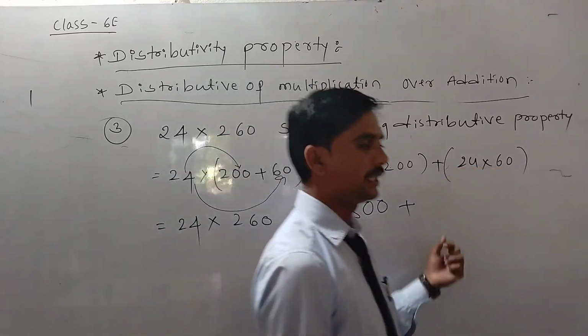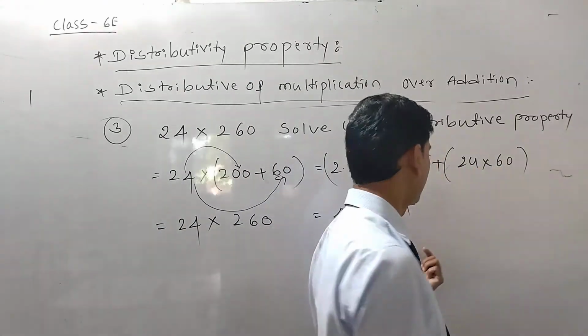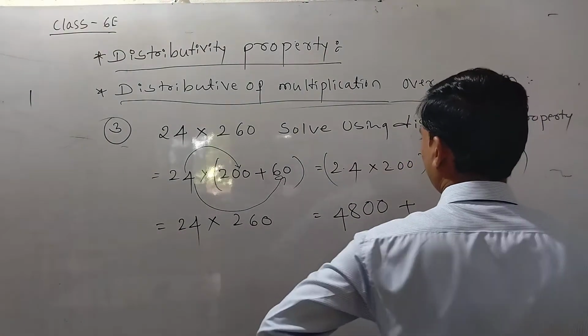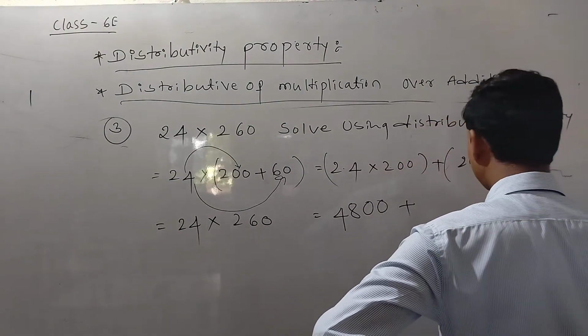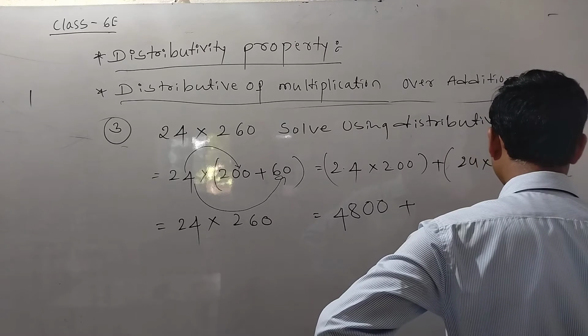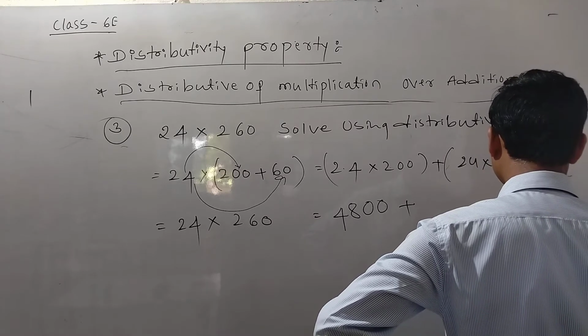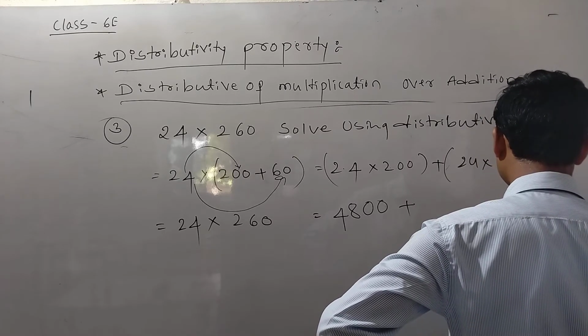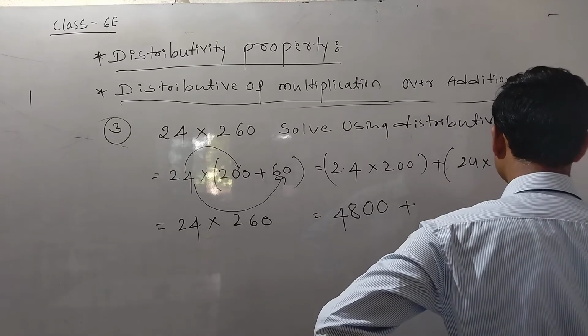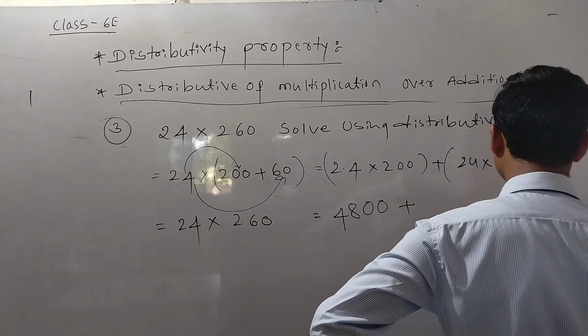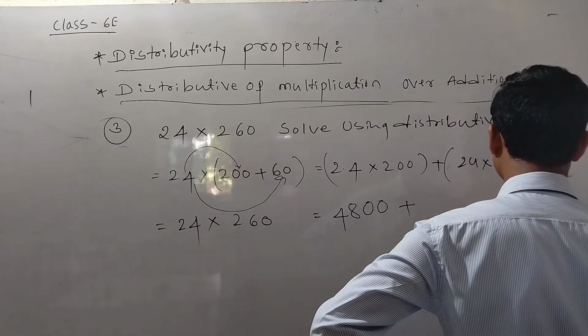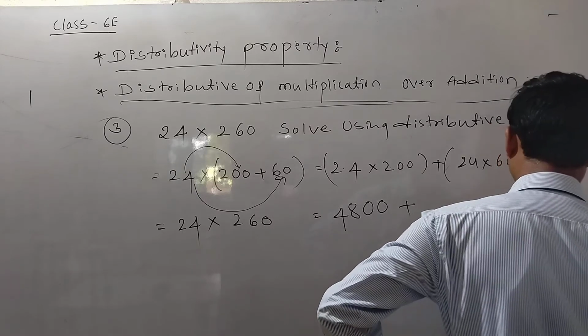And 24 into 60, how much? 24 fours are 96... 144.